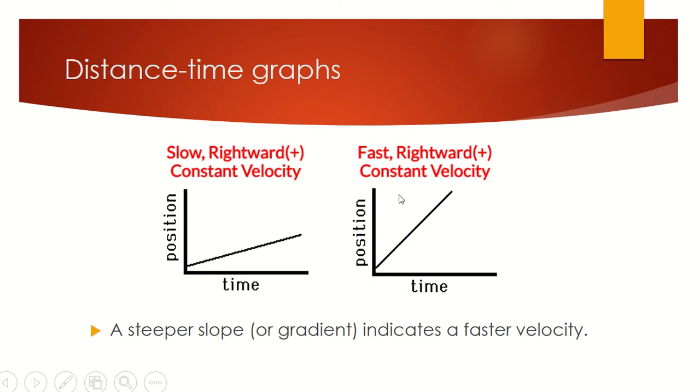That displacement is changing much more rapidly, whereas this graph here is slower, because displacement's only changing a little bit with every given second, whereas here we're being displaced at a faster rate. So the steeper the gradient, the faster the velocity of an object.